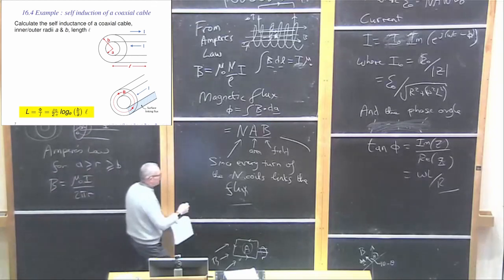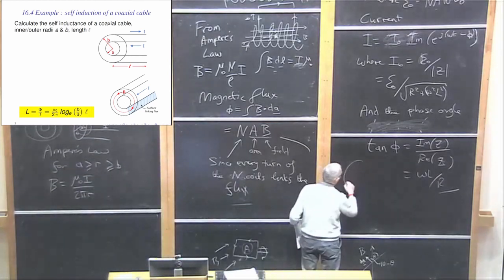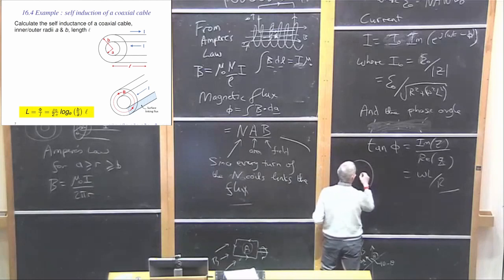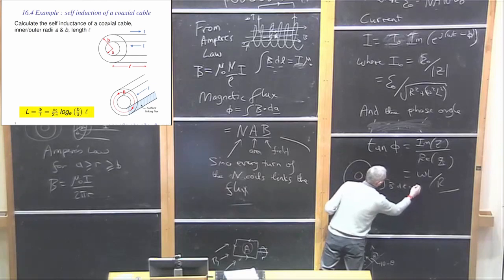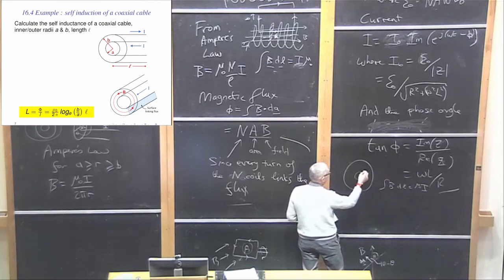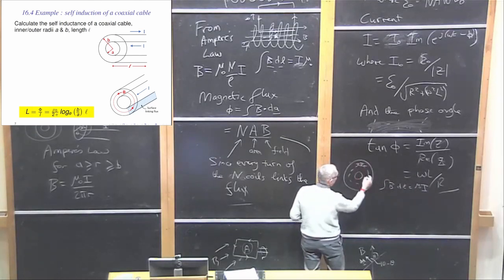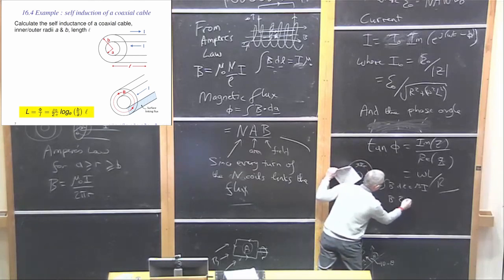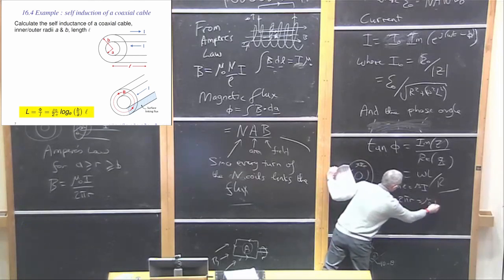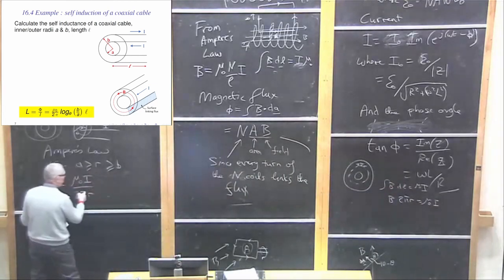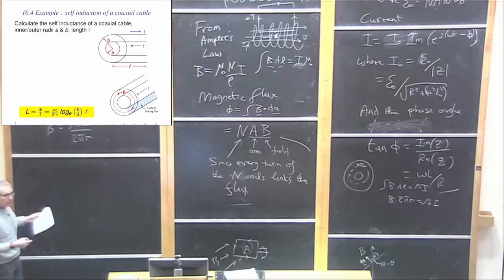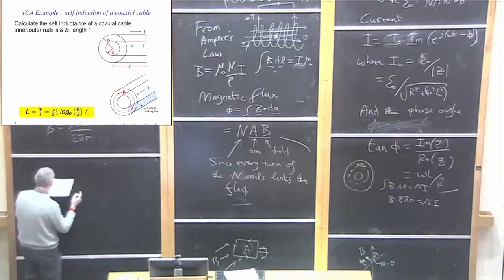And if you don't believe me, then just recall how we did it. We did the integral of B dot dl equals mu naught I, and the circumference is 2 pi r, which gets me that. So it was a really simple calculation using Ampere's circuital law.